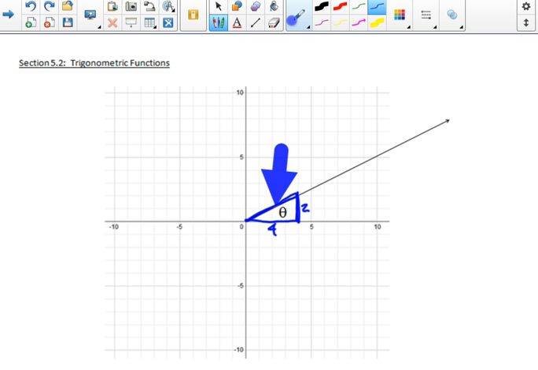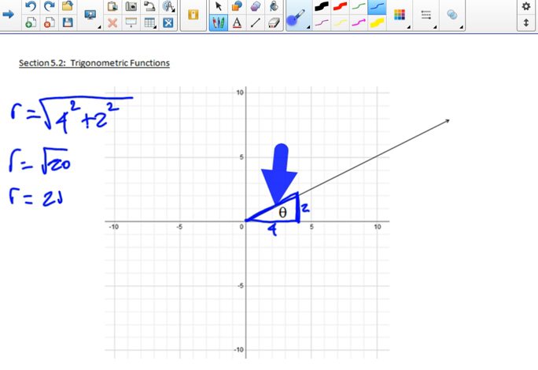They would call that r. So for the little blue triangle, r is going to be the square root of 4 squared plus 2 squared. And r in this case is going to be 16 plus 4, that's 20, square root of 20. Okay, we'll reduce that down. r is going to be 2 times the square root of 5.